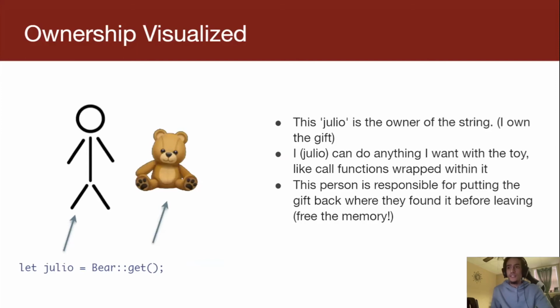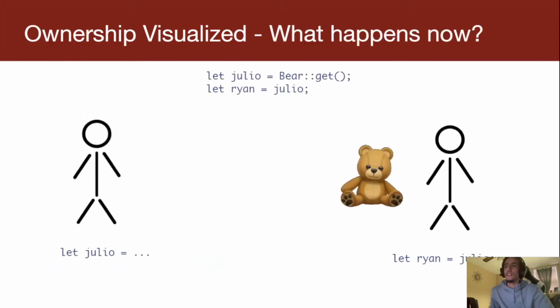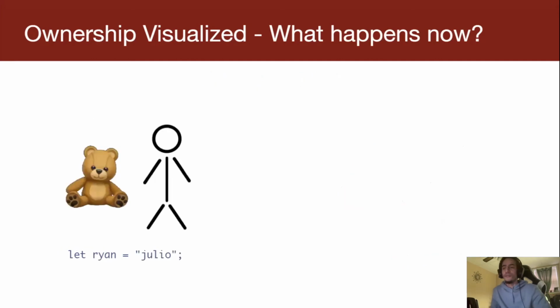So things get a little interesting now when we add another line to this program. We start off with let Julio equals bear. Julio has the bear. Then afterwards, if we add a line like let Ryan, some other variable, equal Julio, this is what I want you to envision now. Initially, Julio had the bear, but now the bear has moved on to Ryan. So we can take a look at Ryan a little more deeply.